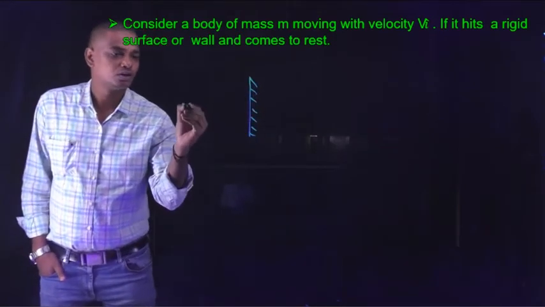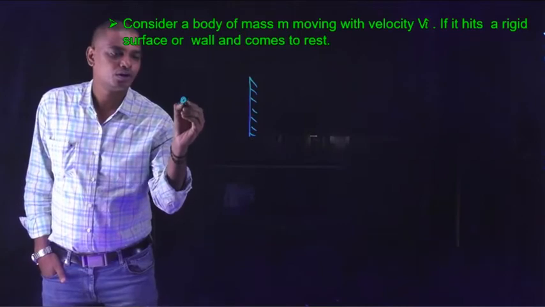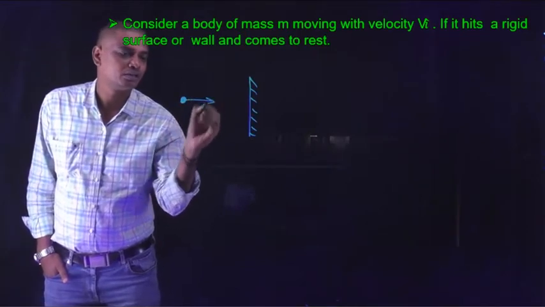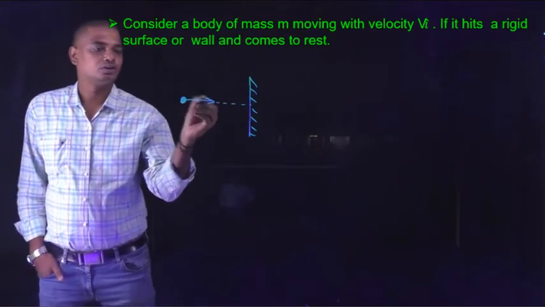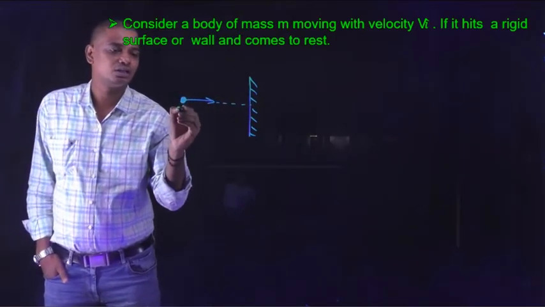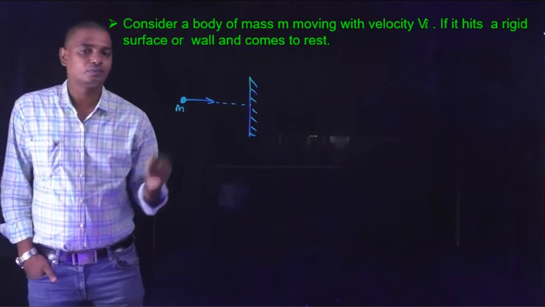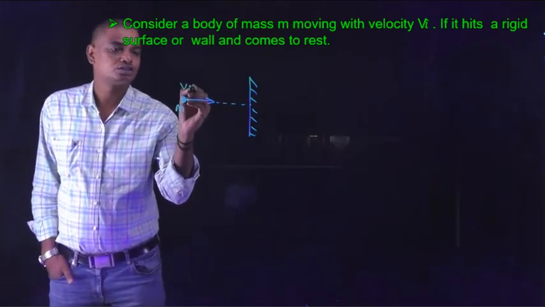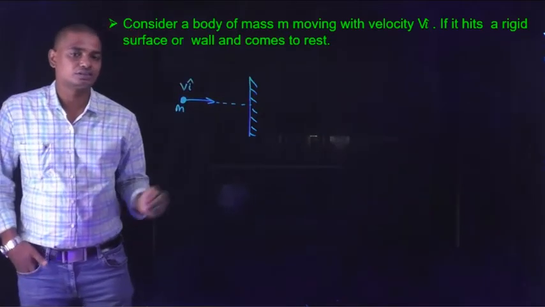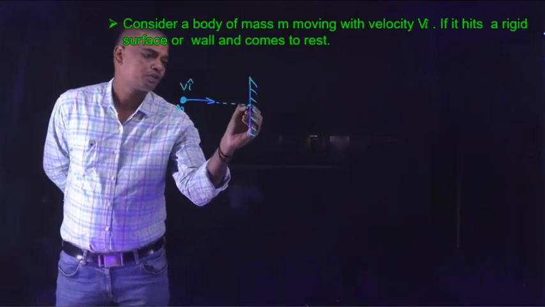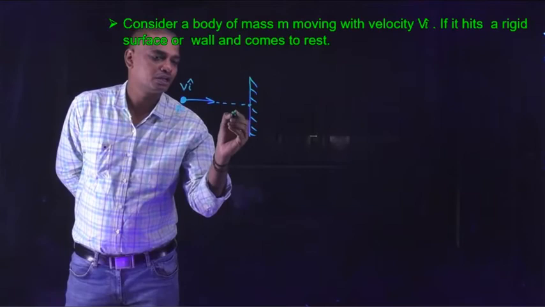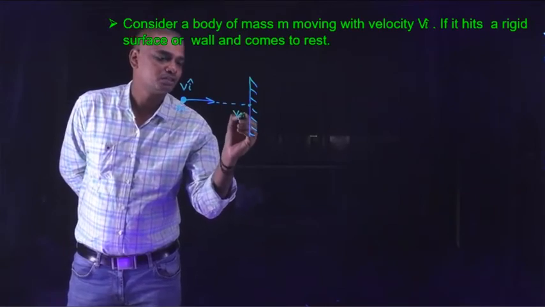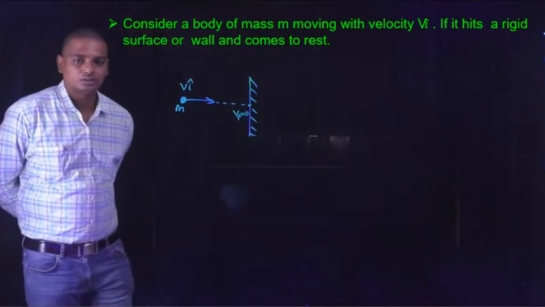Now a ball of mass m is moving with a velocity vi cap in the positive x direction. After hitting the wall, it comes to rest. That means final velocity v final is equal to 0.